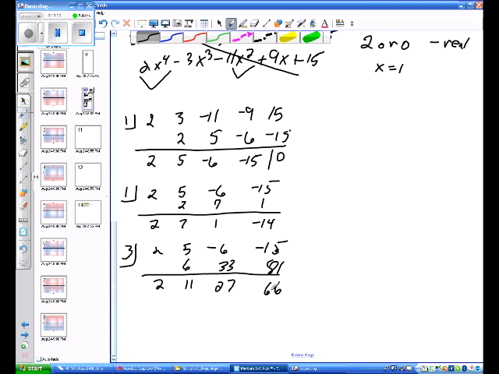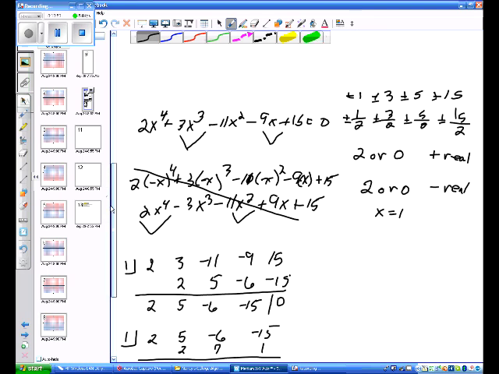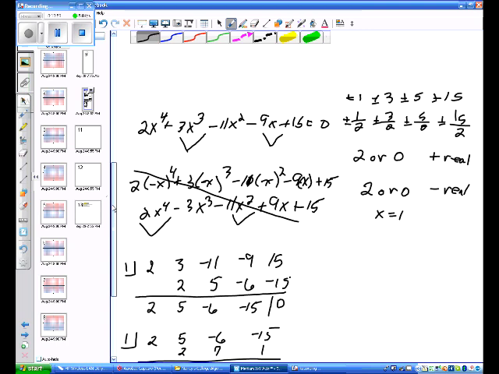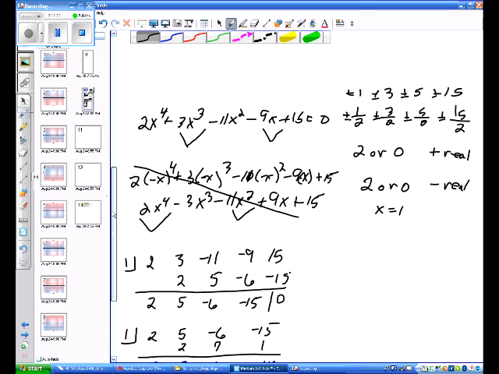It's still going to continue to be positive, because if you increase this to like 5, then we're just going to get bigger, bigger, bigger numbers. So there's no point in our trying those numbers greater than 3: 5 or 15, or 15 halves, which would be 7.5. So that helps us eliminate some.